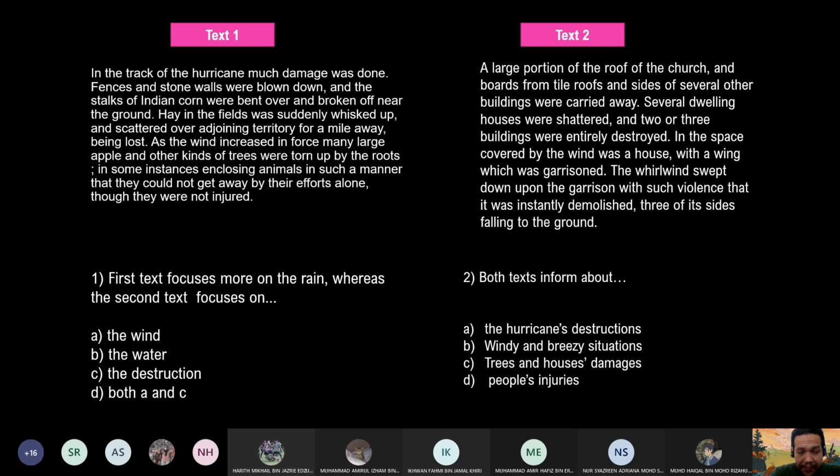Okay, cuba baca. Okay, got an answer? You have to read carefully text 1 and text 2.